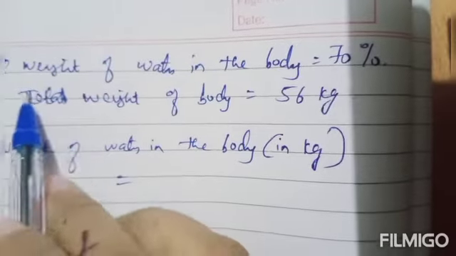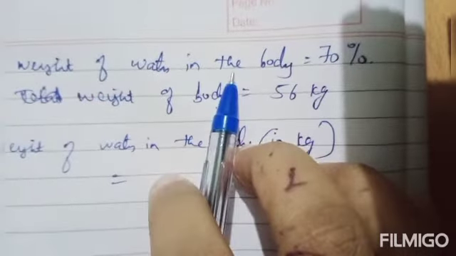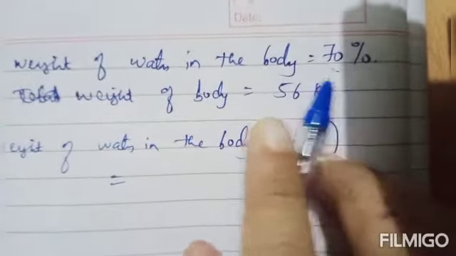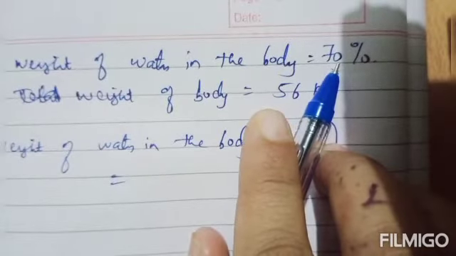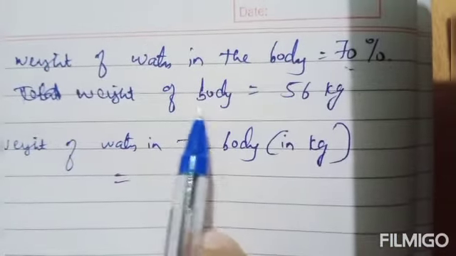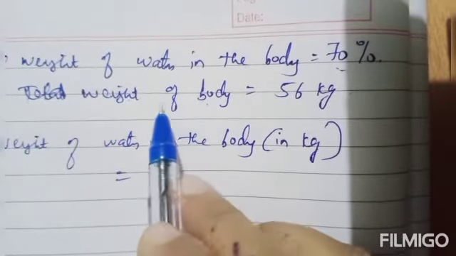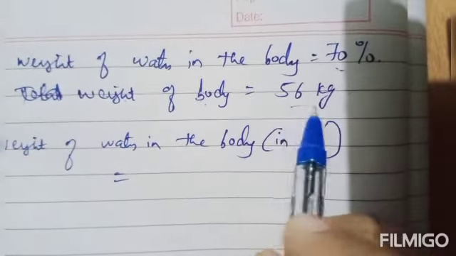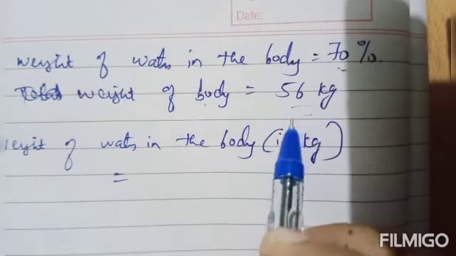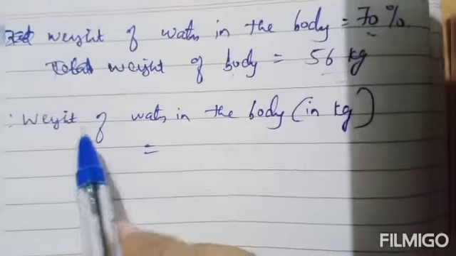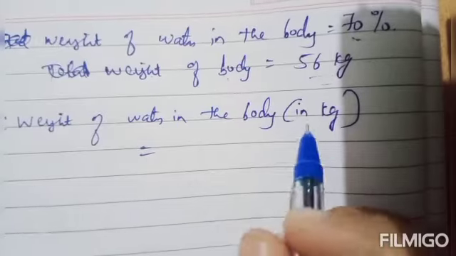So the weight of water in the body, in percentage, is 70. Now the person's body weight is given as 56 kilogram. So what is the weight of water in his body in kilogram?